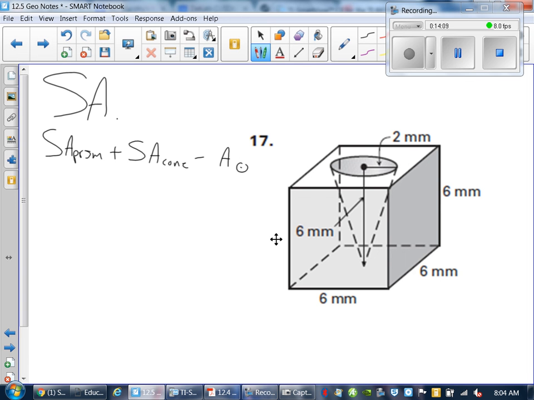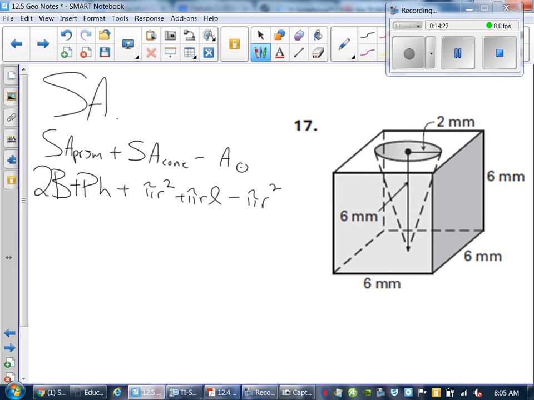Surface area of a prism is twice the area of big B, plus the perimeter times how far apart they are. Surface area of the cone is pi r squared plus pi r l. Circle is minus pi r squared. So it doesn't look horrible.